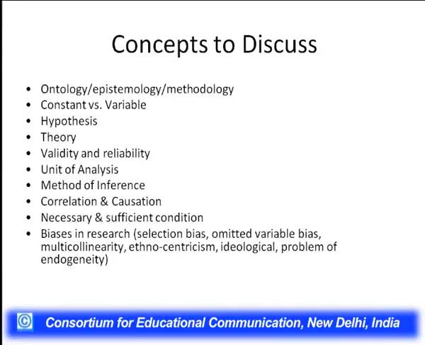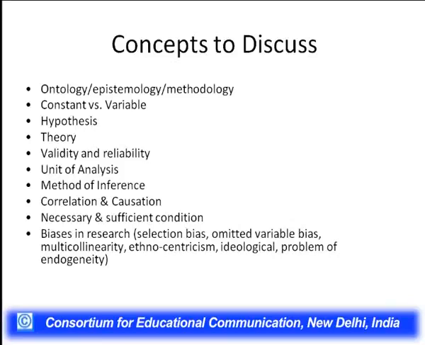Then I'll also talk about correlation and causation: what is correlation, what is causation, and what are the differences between these two concepts. Then I'll come to necessary and sufficient condition. What are the differences between these two concepts? And finally, to minimize biases, how to eliminate biases in your research.